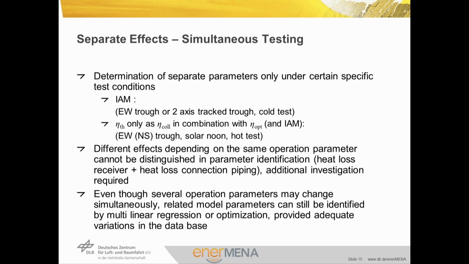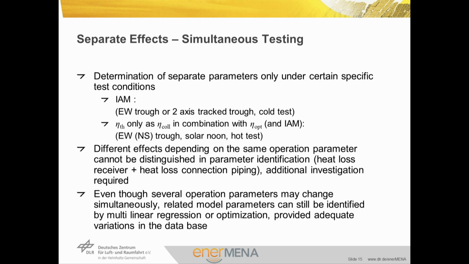In general, different effects that are a function of the same operation parameter cannot be distinguished in testing and parameter identification. A typical example for such a case is the heat loss of the receiver and the heat loss of the connecting piping. In order to separate these, an additional investigation with more measurement points for temperature would be required.